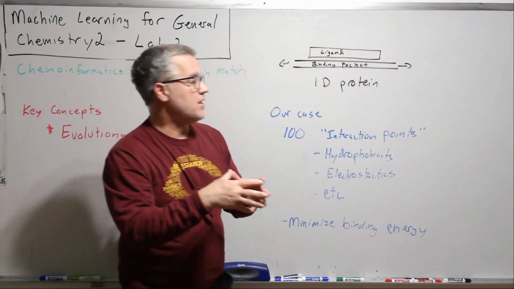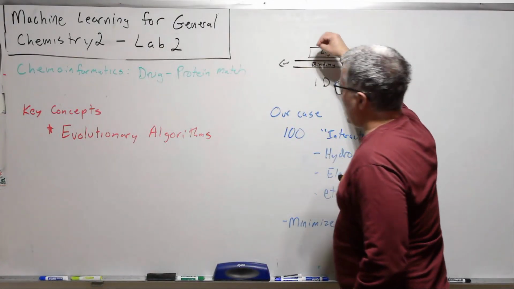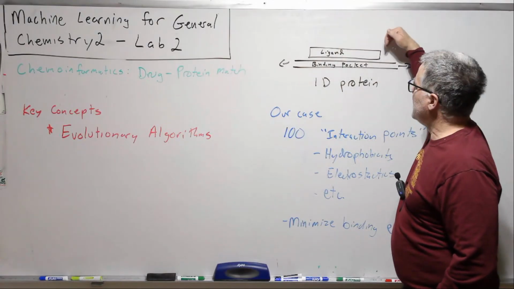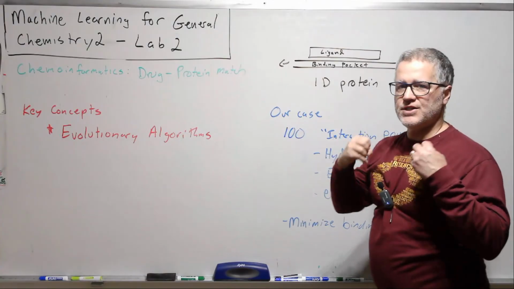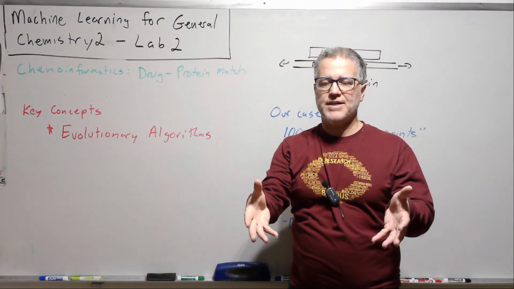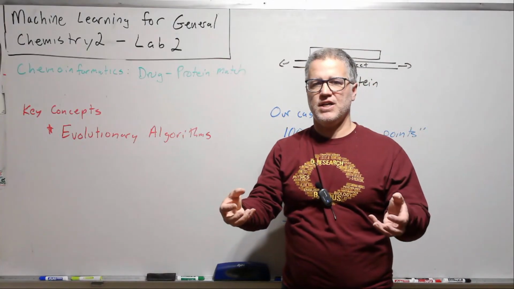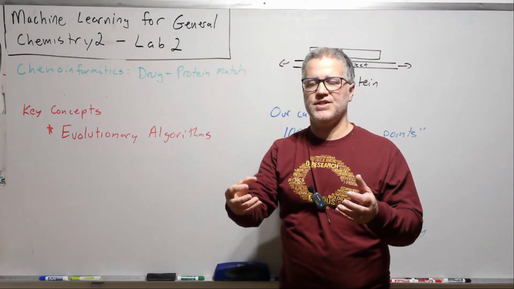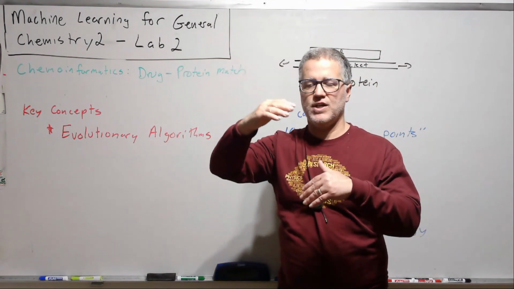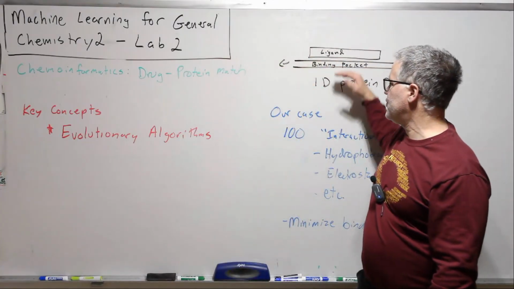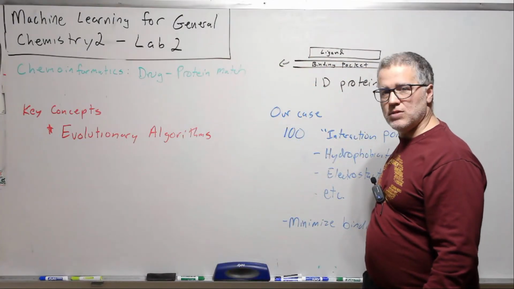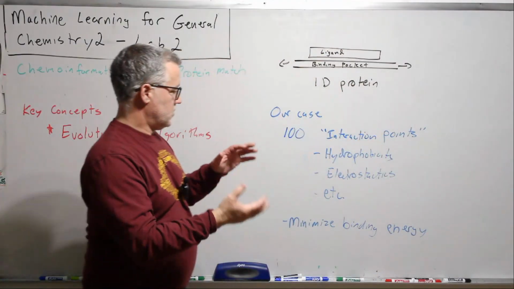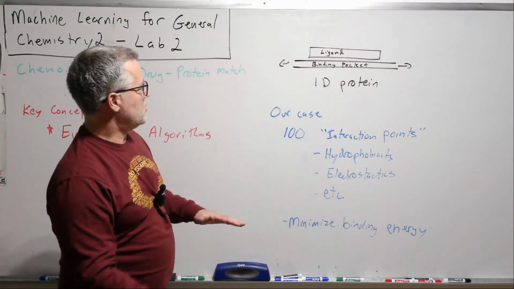And we're going to take an approach where we have control over all 100 points along here, and we're going to just throw out a random molecule, see how good it does, then throw out another random molecule, see how good it does, and rank them according to which interacts most strongly or has the lowest binding energy, so the most stable binding energy.